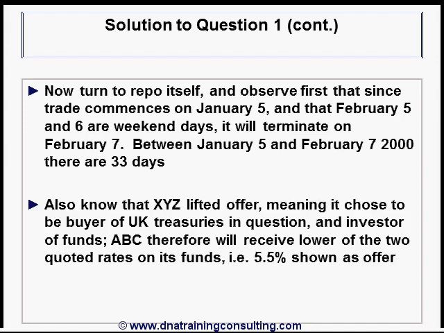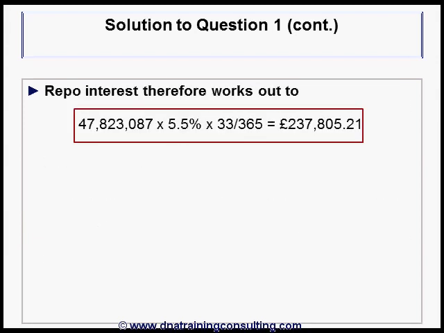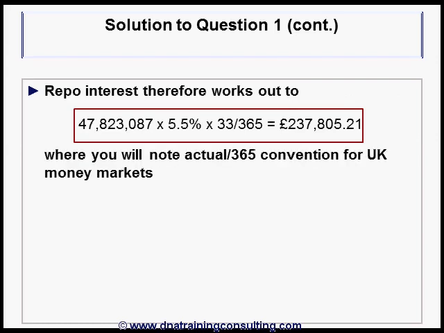We also know that XYZ lifted the offer, which means it chose to be the buyer of the UK Treasuries in question and the investor of funds. ABC therefore will receive the lower of the 2 quoted rates on its funds, i.e. the 5.5% shown as the offer. The repo interest therefore works out to this quantity here, where you will note the actual 365 convention for UK money markets.